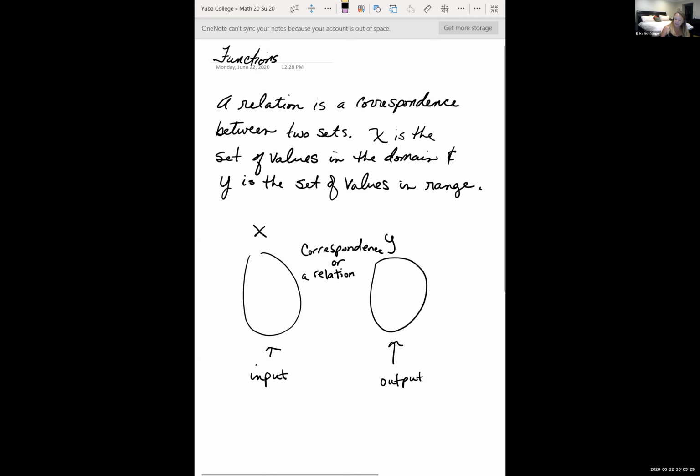So we think of x as an independent variable, and our output is dependent on what we put in for x. So y is normally our dependent variable.